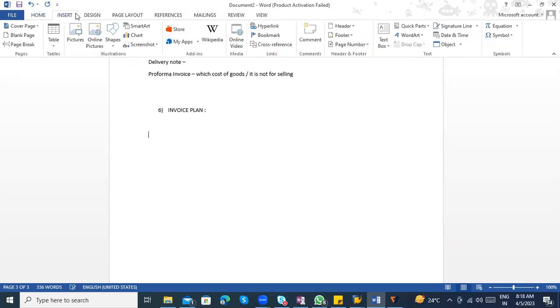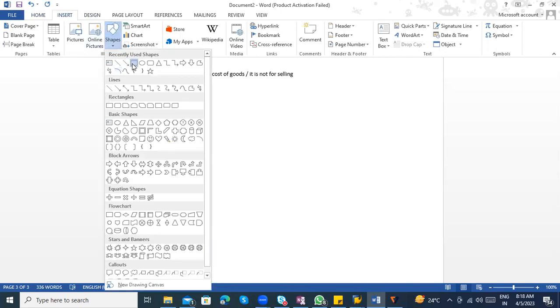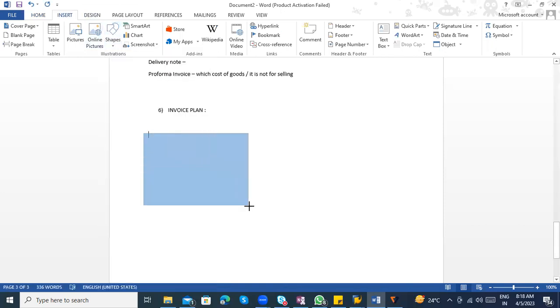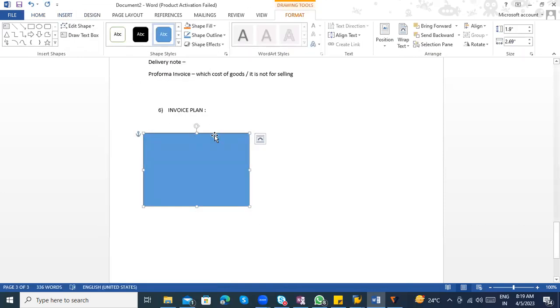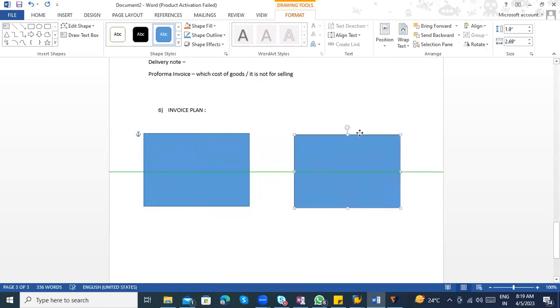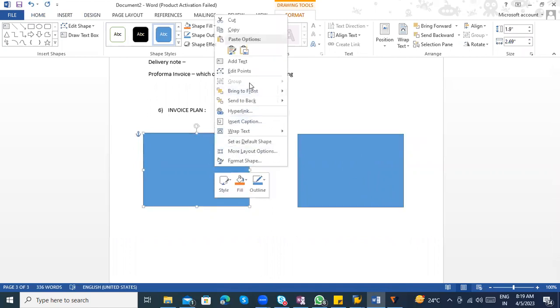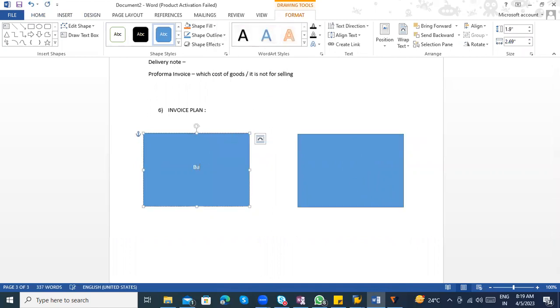Let's take an example. Suppose I have one building, and I have one more building also. So both I have taken as a rental. This is building one, and this is building two.